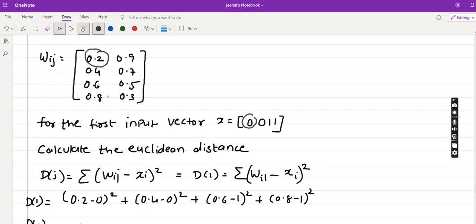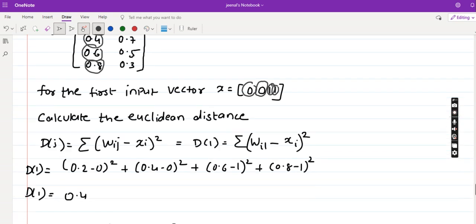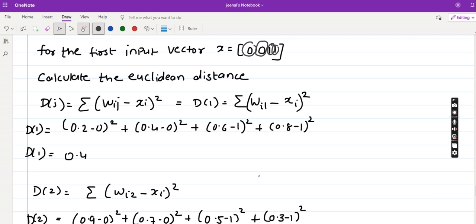Similarly, plus 0.4 minus 0, plus 0.6 minus 1, and plus 0.8 minus 1, the whole square. So this is how I calculate the first distance between the first input pattern and the first output neuron.